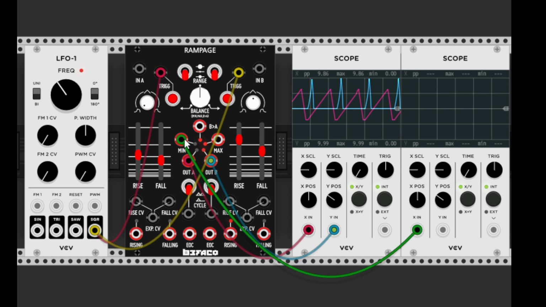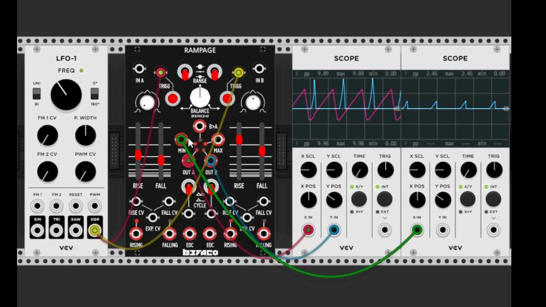But here we get not a pulse wave or a permanent high, but we get exactly the voltage level which is lower of these two. So once again, the Rampage compares permanently the level at the outputs of these two units and delivers the lower level.